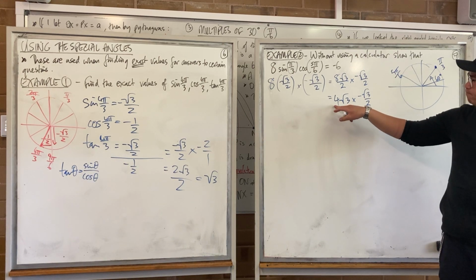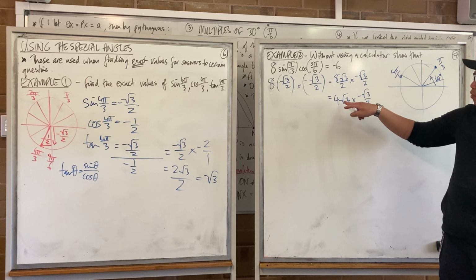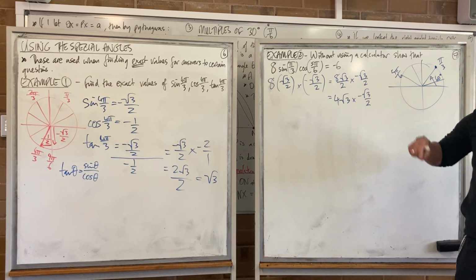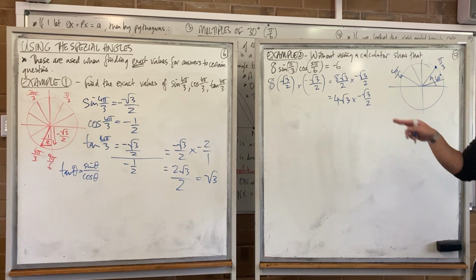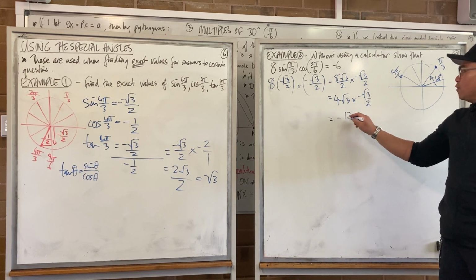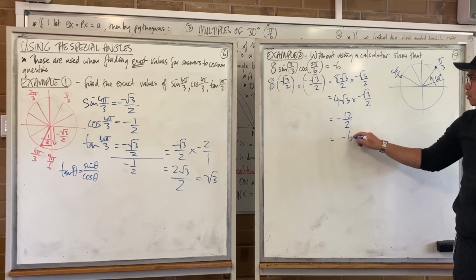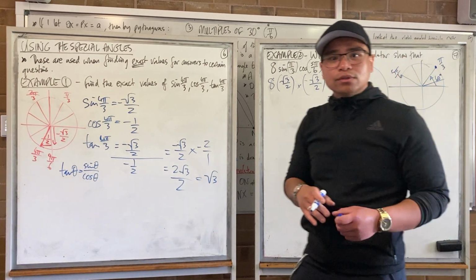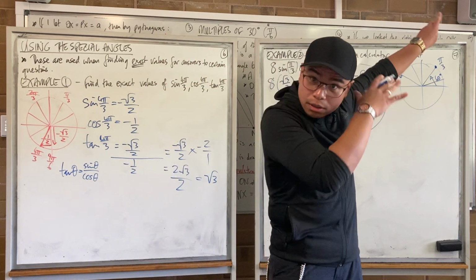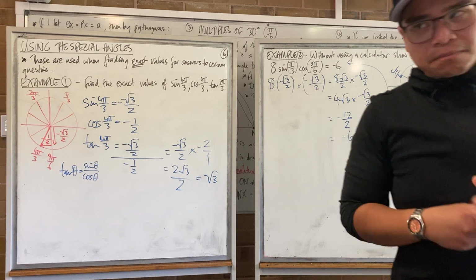What's a positive times by a negative? Negative. What does root 3 times by root 3 give you? 3. What's negative 3 times by 4? Negative 12 on 2. And what's negative 12 divided by 2? Negative 6. Proven. Any questions about that?